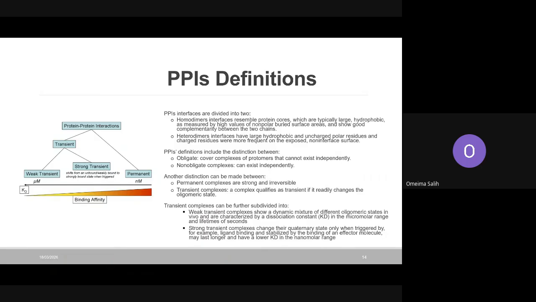In the weak, the lifetime of this dissociation is in seconds. In the strong, it might take a longer time, and we define this as strong, but yet transient complexes. So weak and strong define the dynamics of the interaction.